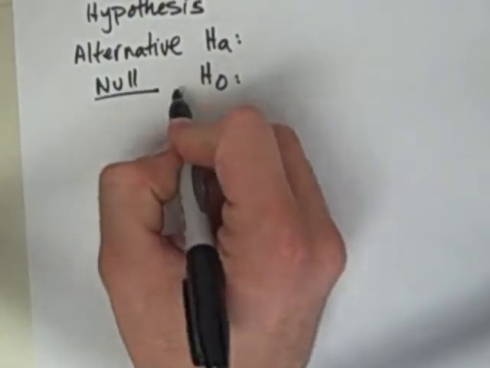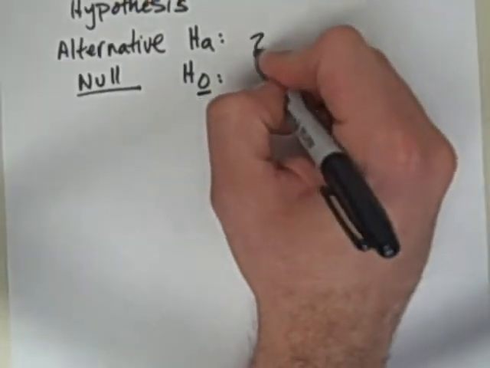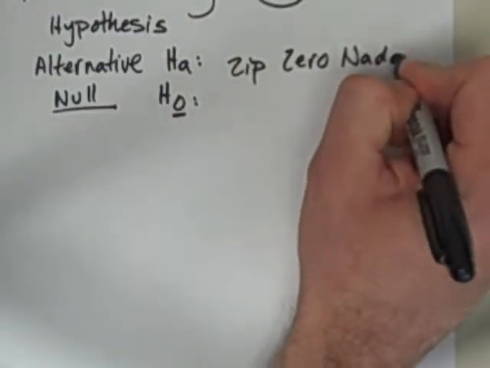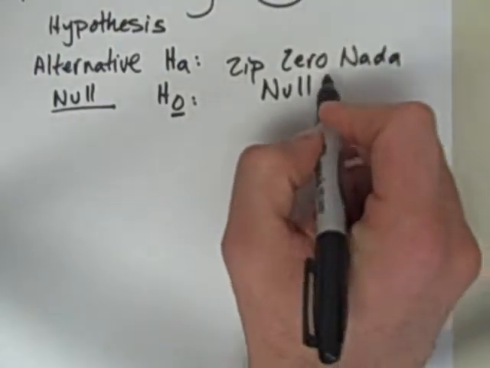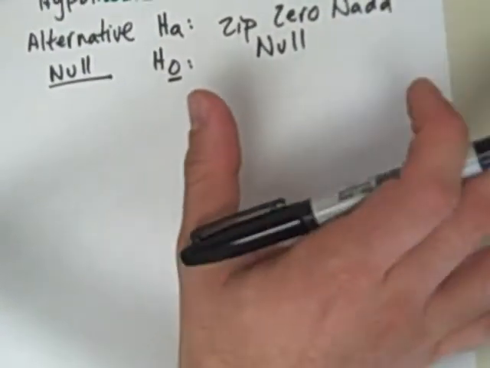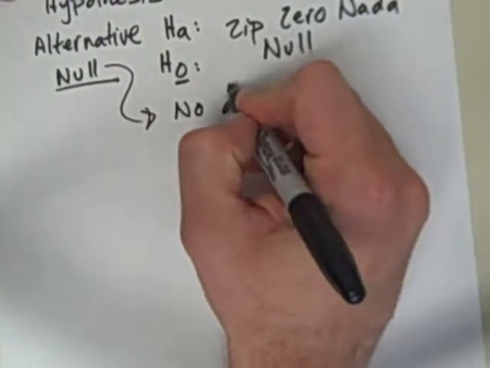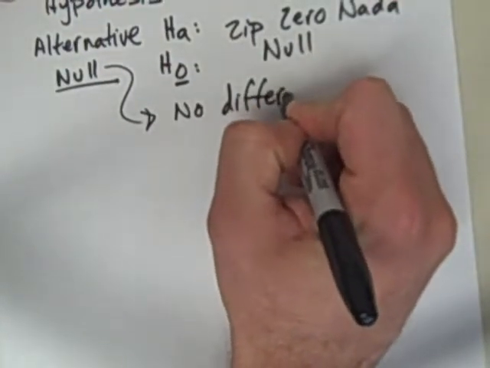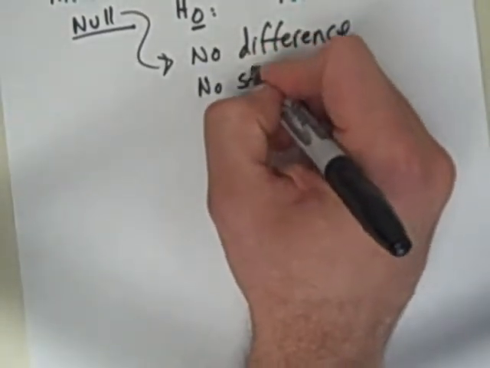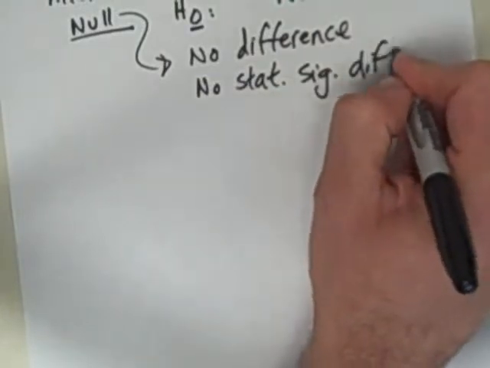When I think of null, or the zero that goes along with that H, I think zip, zero, nada, null. All of these words basically mean none, nothing. In our case, we usually equate this to no difference, or even better, no statistically significant difference.